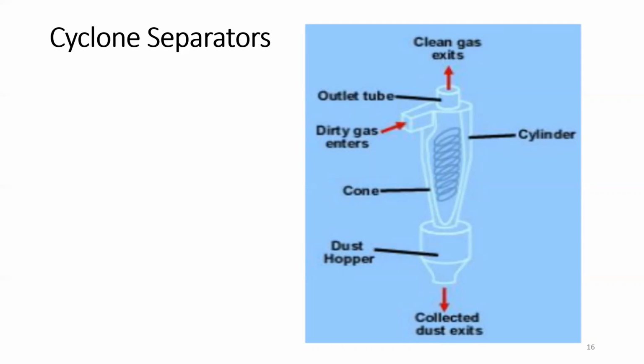The remaining clean gas leaves from the upper part of the cyclone. So the centrifugal force, the inertia, and the specific design of the cyclone give you the separation of solid and gaseous particles.